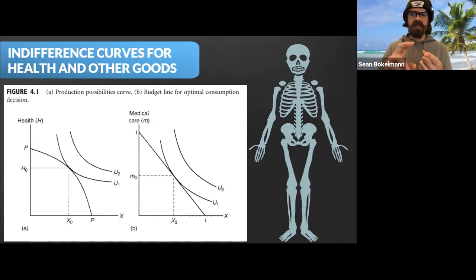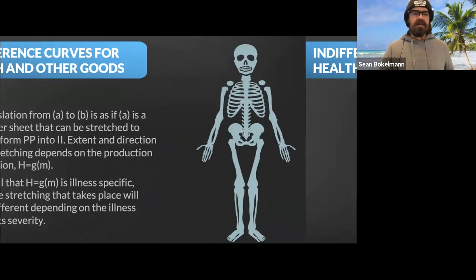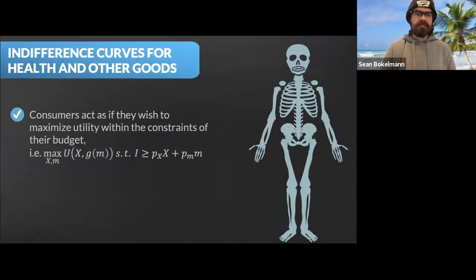If the illness was different or the severity of the illness was different, then the transformation from A to B would look different. Okay. And you'll see what I mean in a minute because we'll take a look at an example of that.